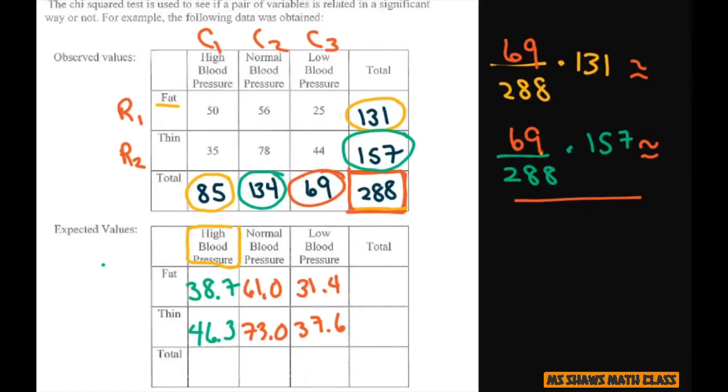Now your totals here stay the same. So you just write your 85, 134, 69. Sorry about that. And then copy down these. So that's 131, 157, and 288. So that's filling out the table.